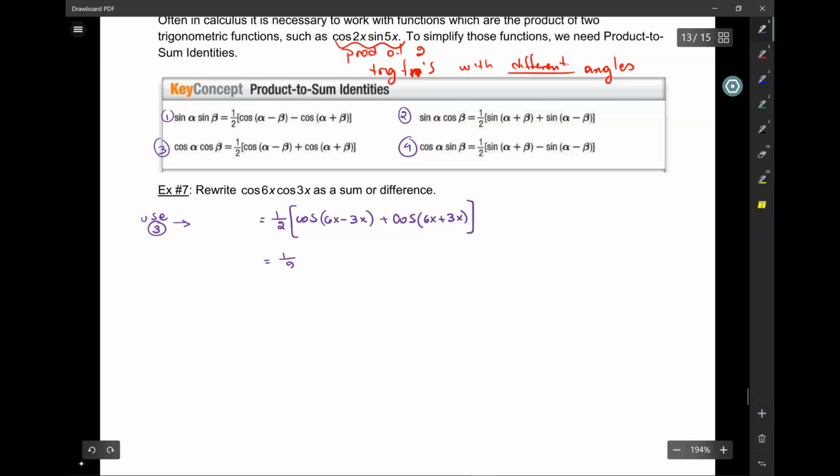This is 1/2 cosine 3x plus cosine 9x, and you're done. That's it. Students will try to do all sorts of stuff, like divide 3 by 2 and 9 by 2. You cannot do that. You're not allowed to do that. That's it. We're done.